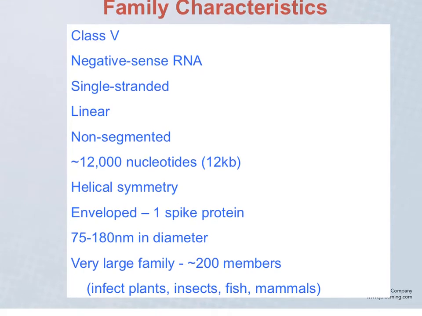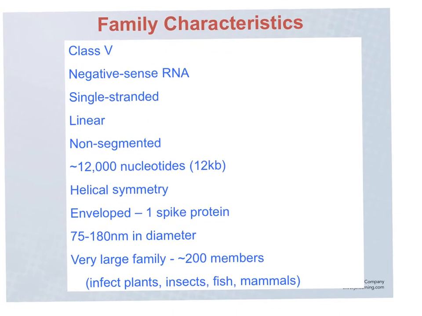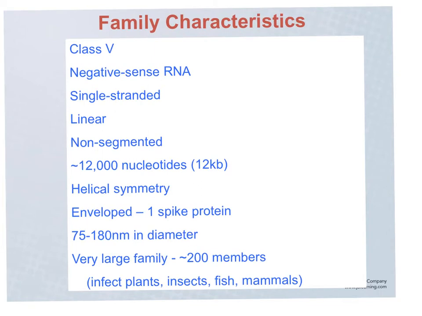Looking at the family characteristics of this virus, it is in class 5 of the Baltimore classification scheme, and that means it is a negative sense RNA virus. It's single-stranded, linear or non-segmented or monopartite.